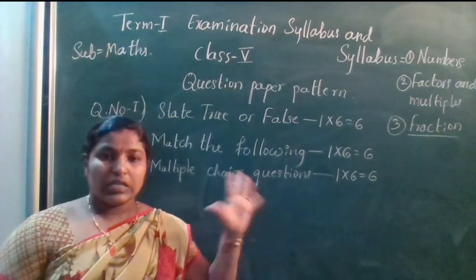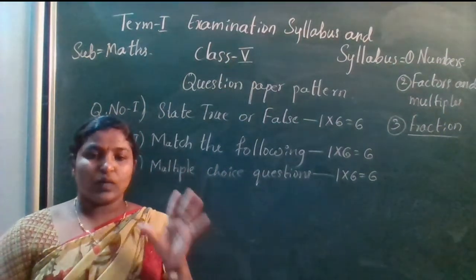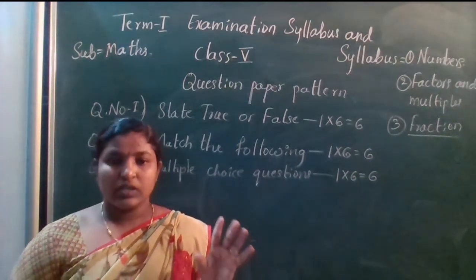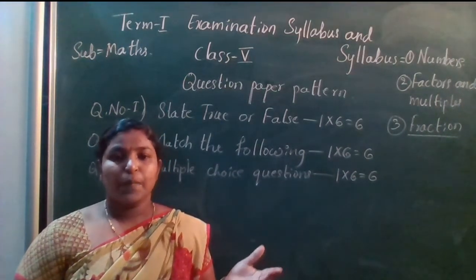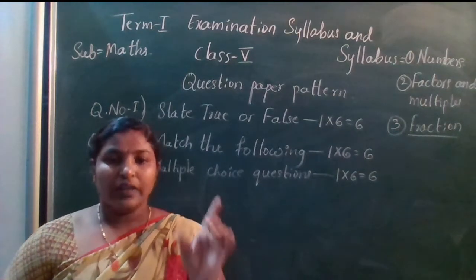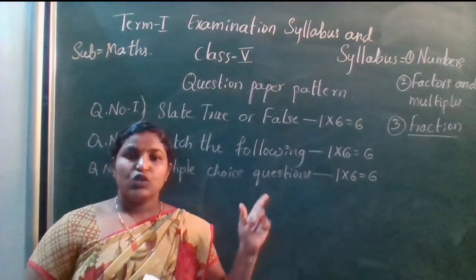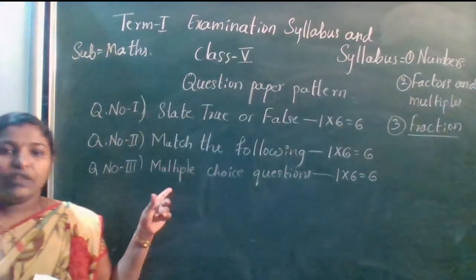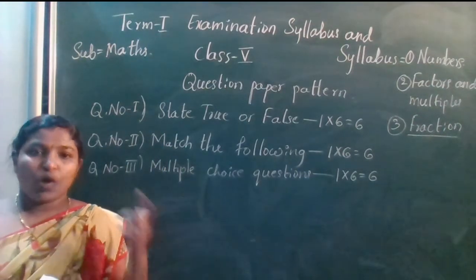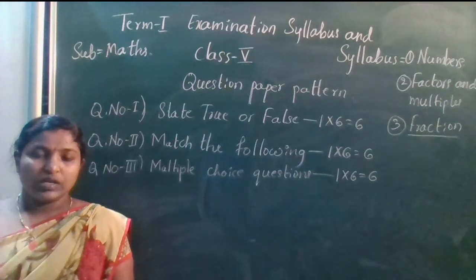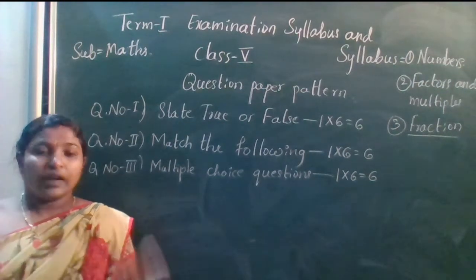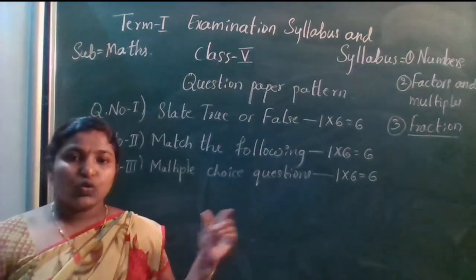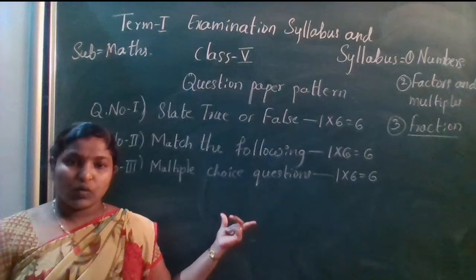There will be 6 multiple choice questions with 3 options. Among the 3, there will be one correct answer. You have to read the statement of the multiple choice question and then you should observe all the 3 options. Which one will be the correct answer, that you should select and tick it. So those are the multiple choice questions.